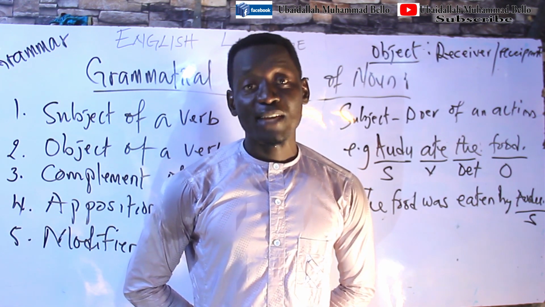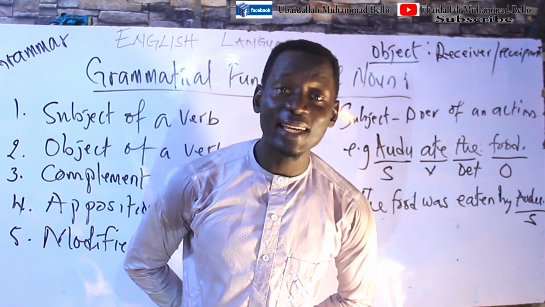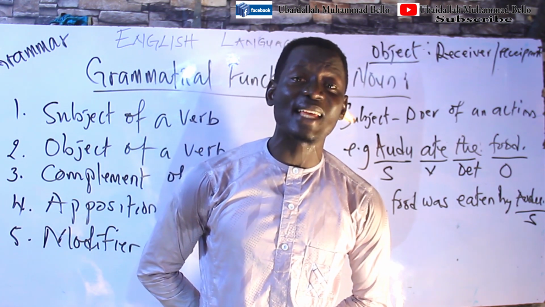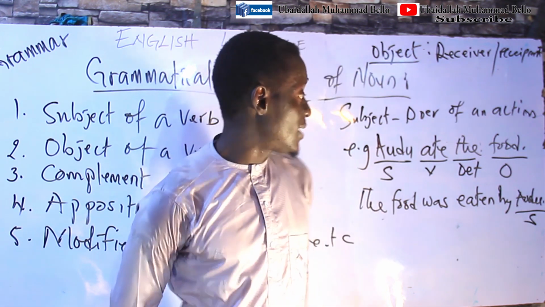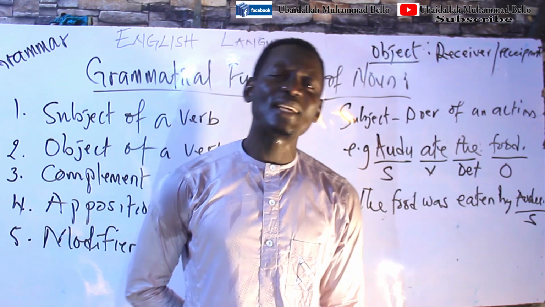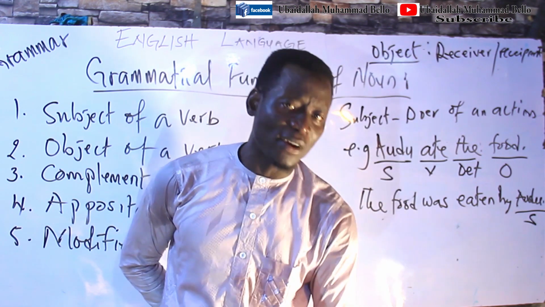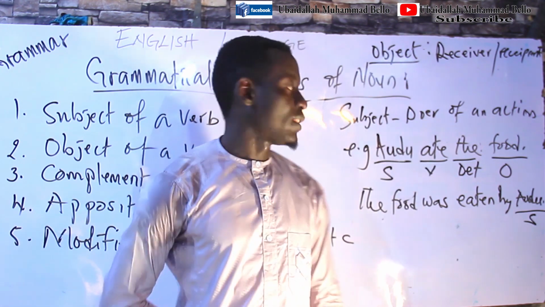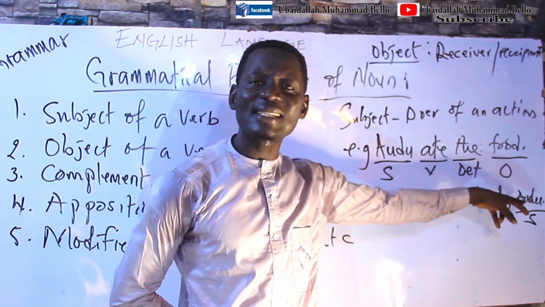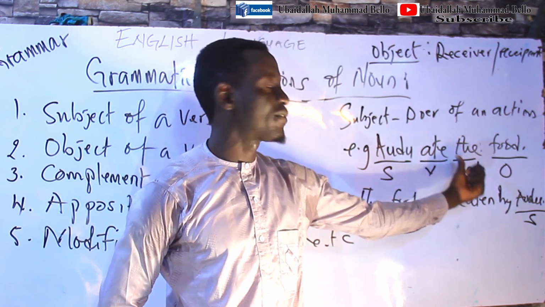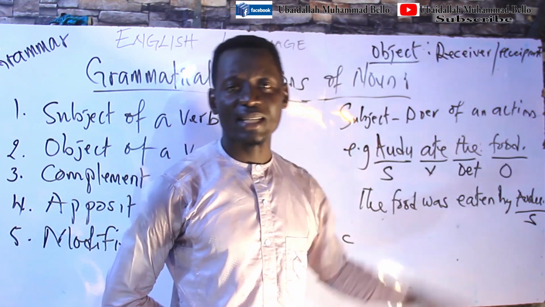That means if any word that gives a name is a noun, this food is a noun here. But is it the doer of the action? No, it is the receiver of the action. Therefore, food here is object of the verb, and it is a noun.